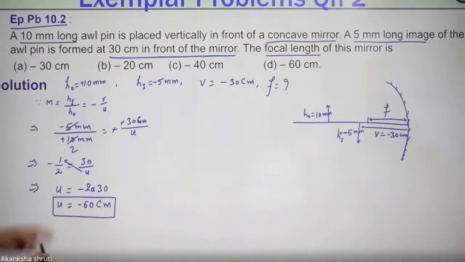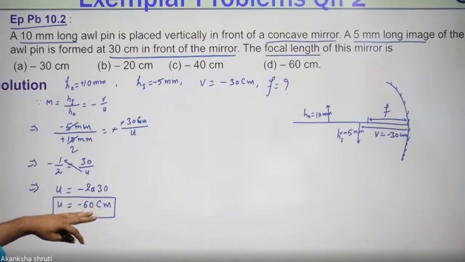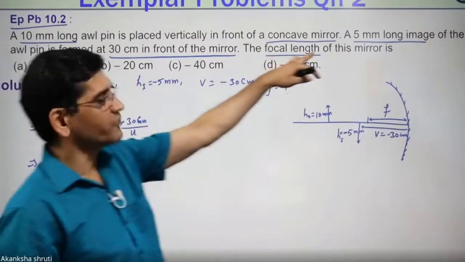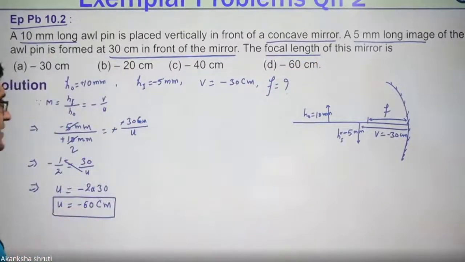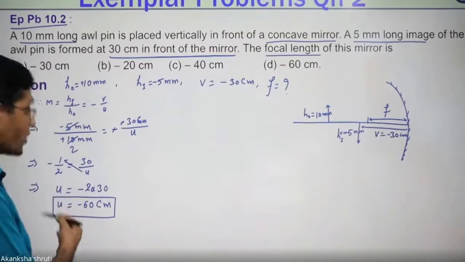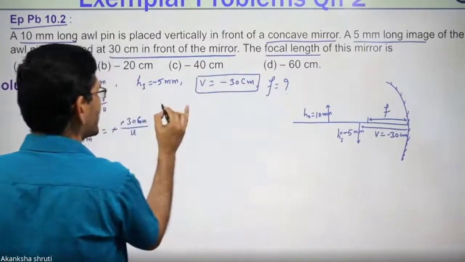Here we have just calculated this U, means object distance, but we need to calculate its focal length, not the object distance. But by knowing this object distance and this image distance, the focal length can be calculated.